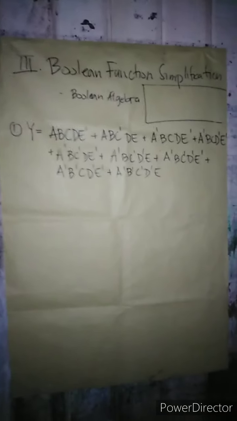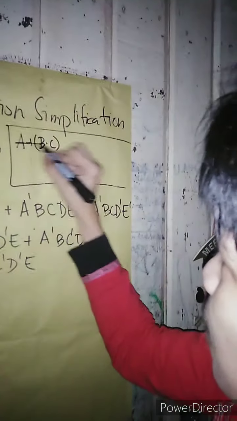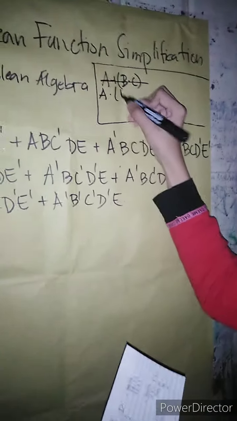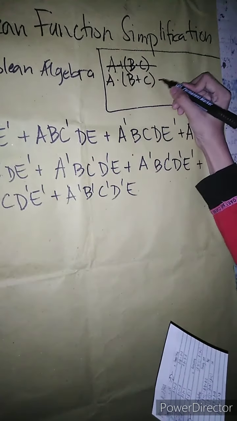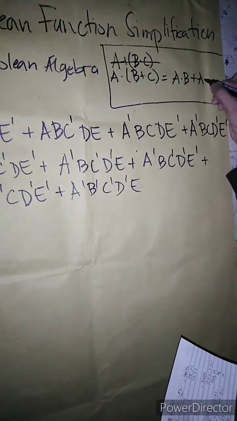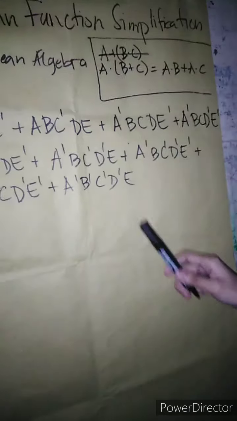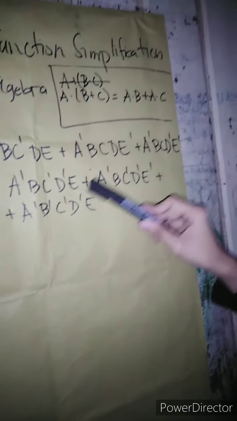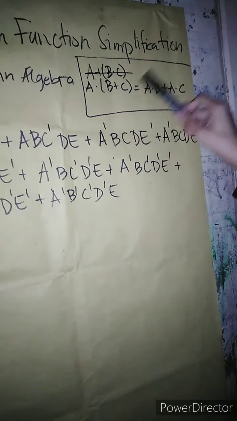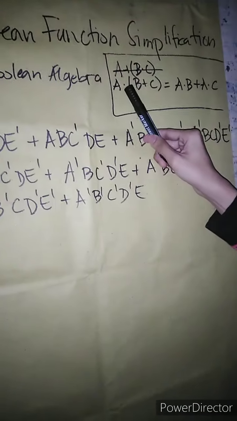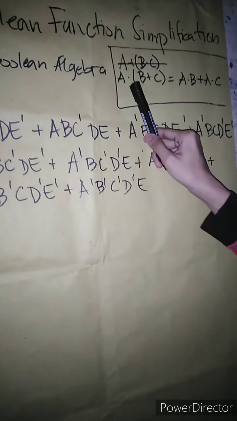The distributive property is A and B or C is equal to A and B or A and C. It looks like the normal distributive property in algebra, where you have A times B added by A times C. But again, this is not multiplication. It represents AND. So let's try.